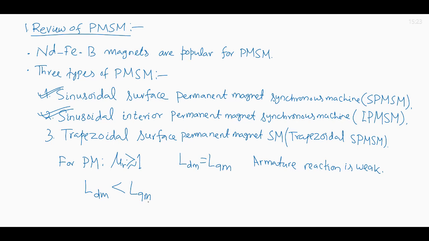And because along the Q axis the effective air gap is small, armature reaction is strong. That was the second type, IPMSM.